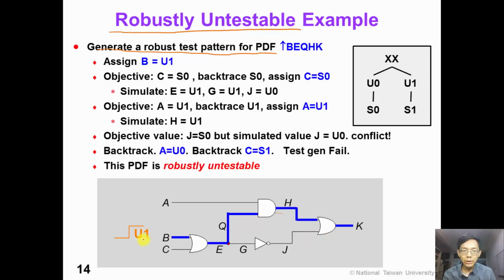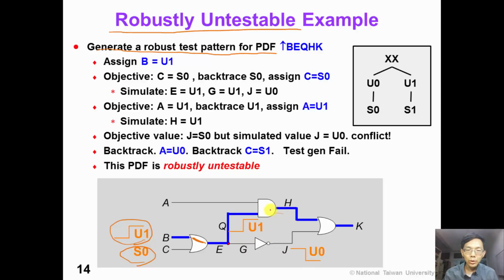At the starting point, we assign B to be U1 and if we want to robustly sensitize through this OR gate, we can assign C to be static 0. And we can perform simulation. So Q is U1 and J is U0.